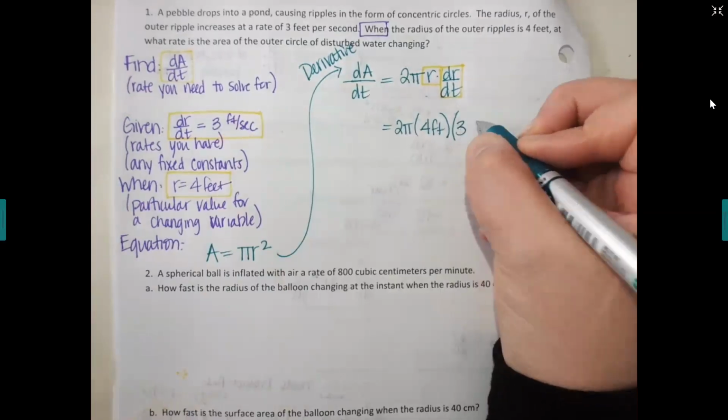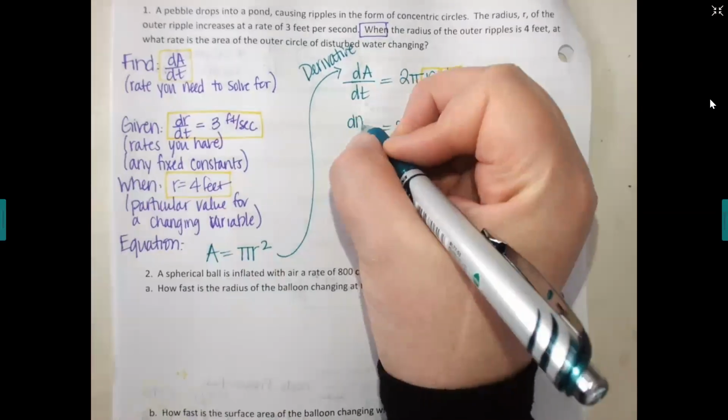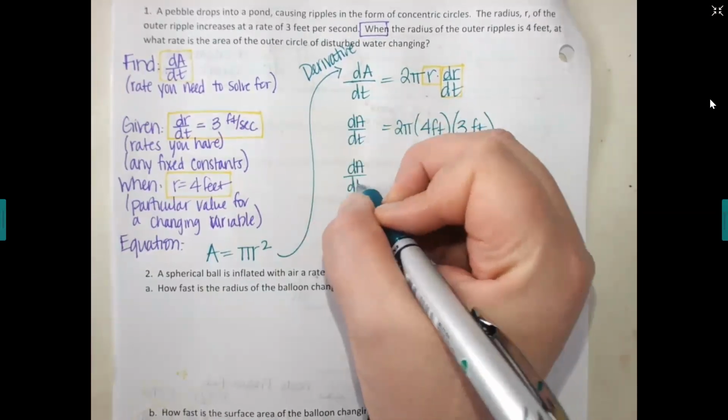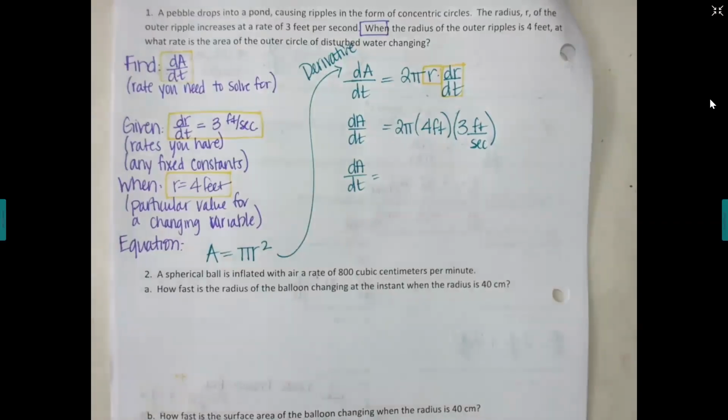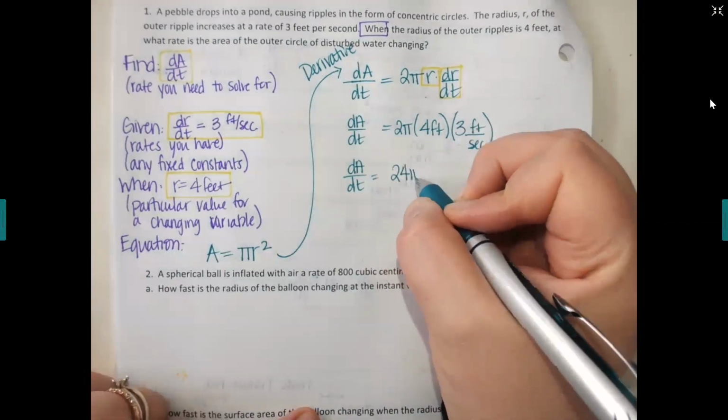Very good. So 3 feet per second, and that is equal to dA/dt. Well, then let's find our final answer here. Let's do a little bit of arithmetic. What is 2 pi times 4? 8 pi, and then times 3? 24 pi. Very good. So my answer is 24 pi.